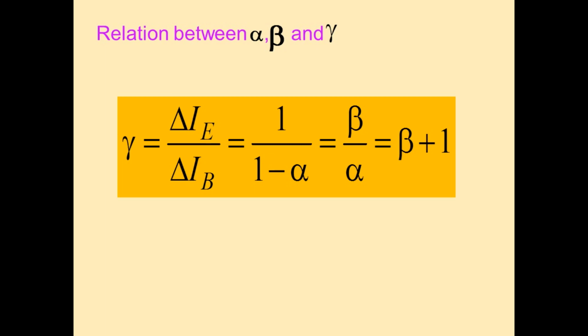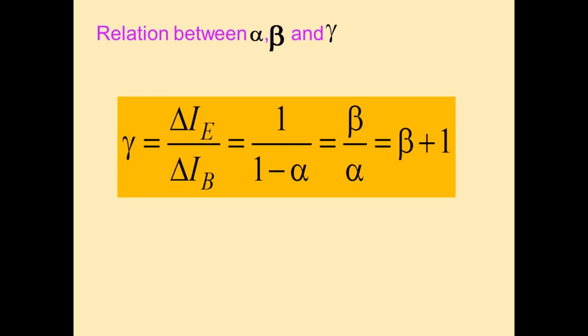Now we can derive the relation between alpha, beta and gamma. Alpha is current gain in CB mode, beta is current gain in CE mode, and gamma is current gain in CC mode. Gamma equal to delta IE by delta IB, which is 1 by 1 minus alpha, that equals beta plus 1.